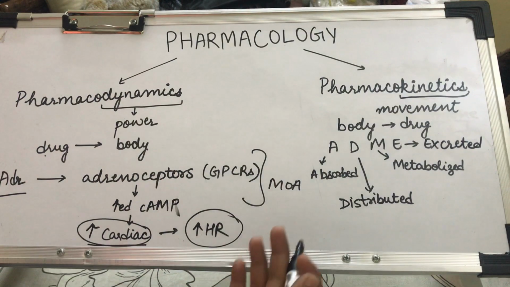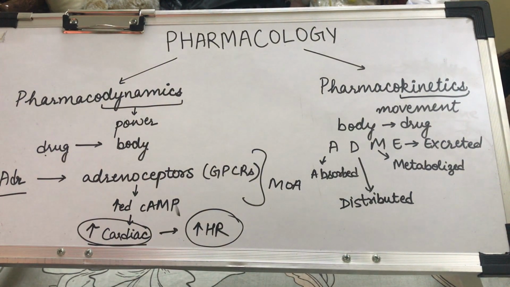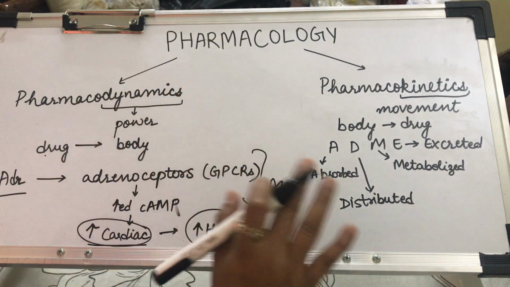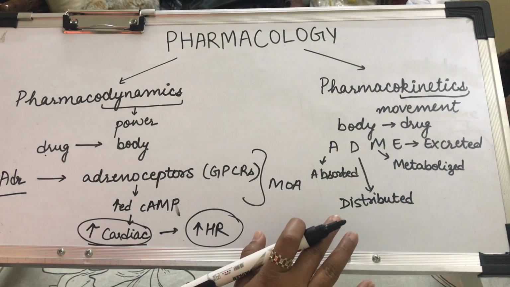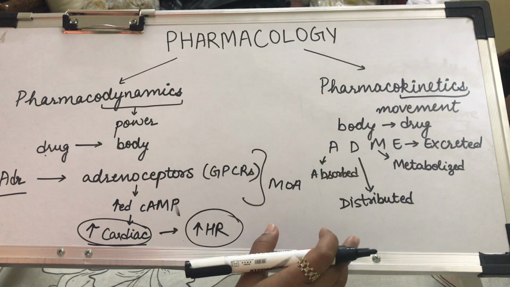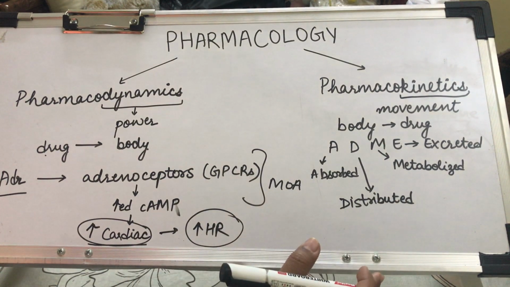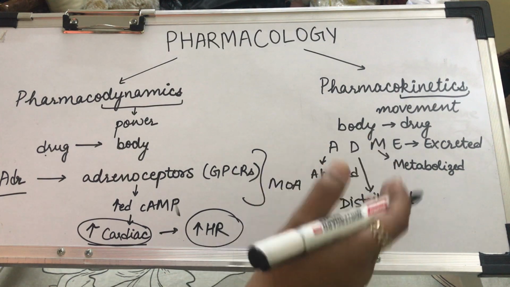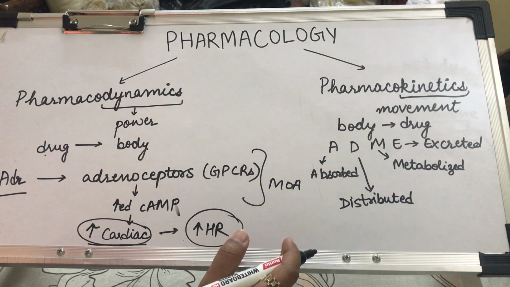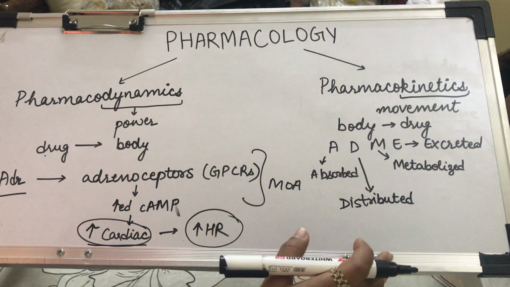For example, if you are taking paracetamol, it will be absorbed completely in your body, and your peak blood levels will be reached within 30 to 60 minutes, and it is 25% bound to plasma proteins, and it is widely distributed in the body. It is metabolized in the liver.